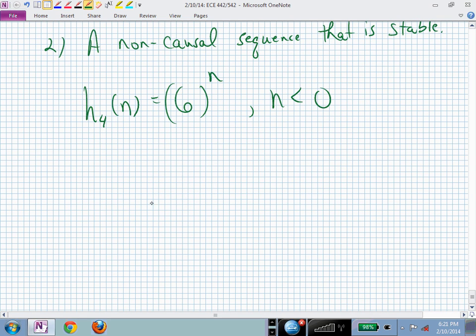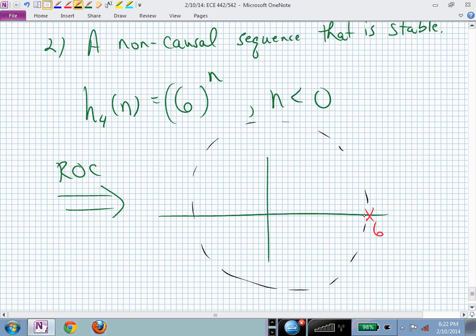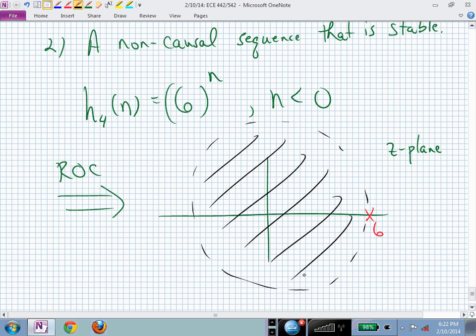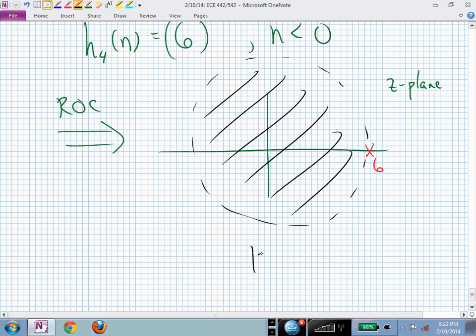And what's the region of convergence for this? If it's non-causal, my region of convergence is interior to all of my poles. This is now in here. And my region of convergence is now less than 6, or the values of z are less than 6.